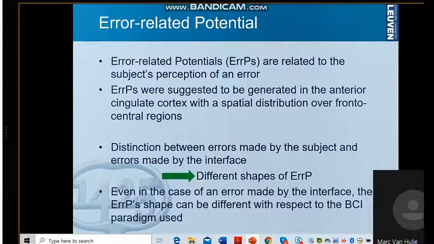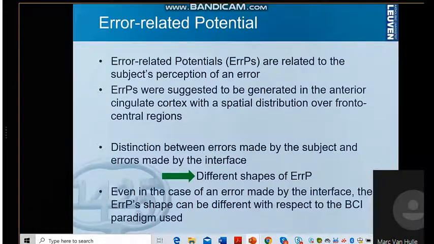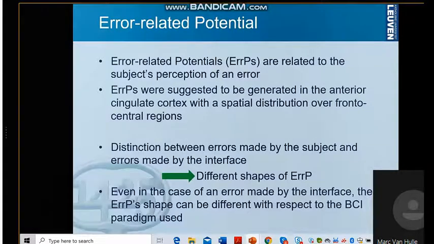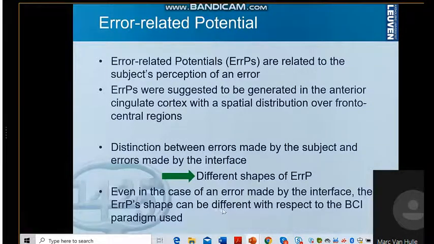If the subject is pretty sure that the selection was done correctly, and the machine, in this case the decoder, makes a mistake, then the shapes will be different from when the subject realizes that they themselves made a mistake. The shapes of the ERP will be different, and they will also differ depending on the task that is being considered. You have a particular task, a particular paradigm, and it depends on the paradigm as well.